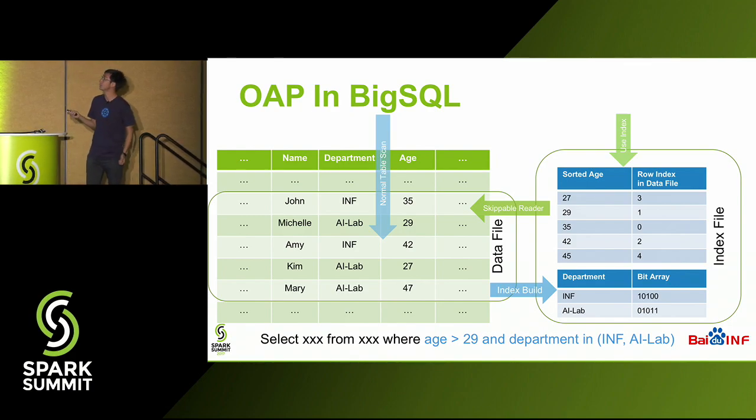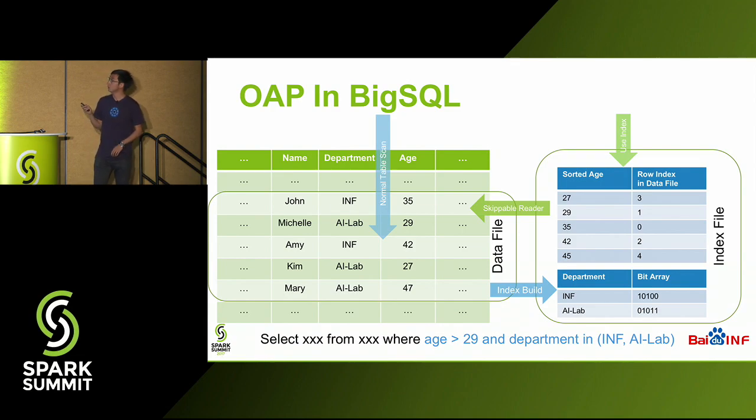If it hits, we first find the index file, check the columns and get the row IDs for this query. And also, thanks to our skippable reader for Parquet, we can skip-read the data file. If it does not hit the index, it's the same as the native Spark, and we read the data file.